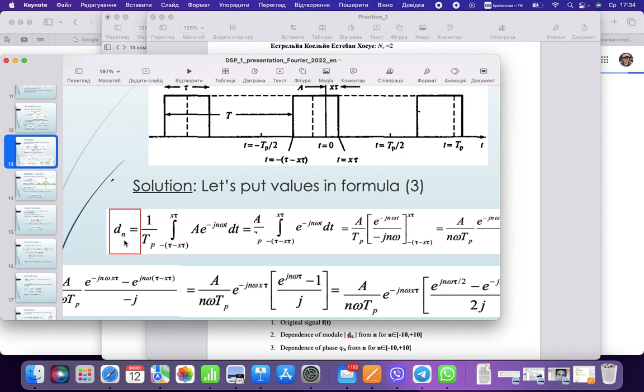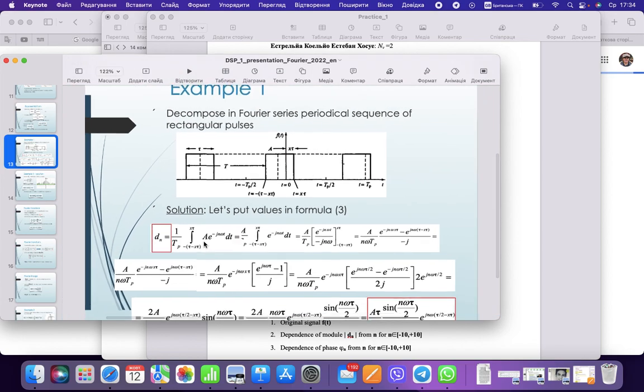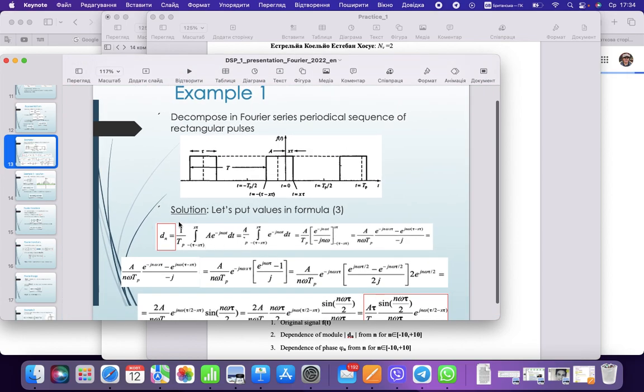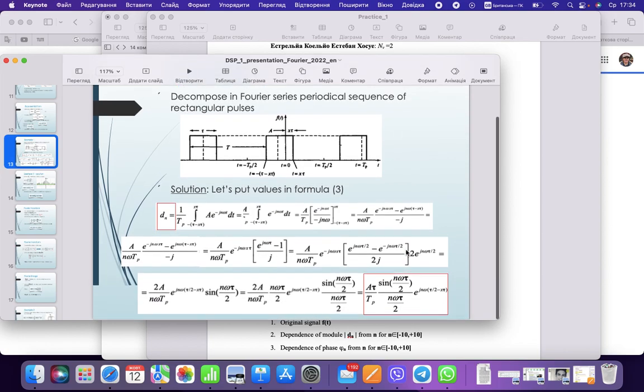You just write n and leave it like here. Everything that you need is just to write dn equal to, as indicated in the red rectangular frame, and then take the final expression that is in the second red frame.